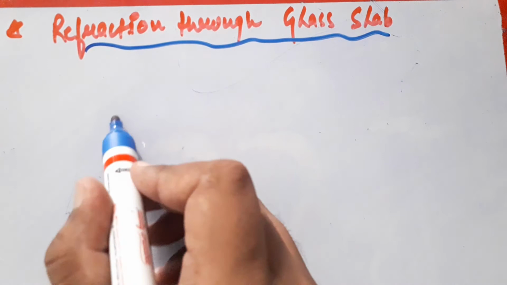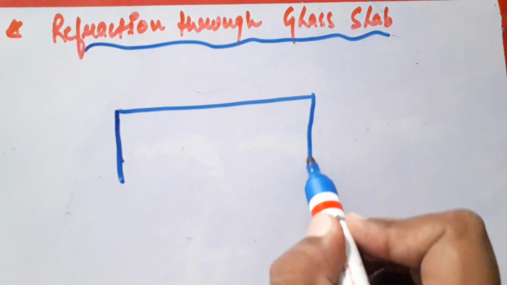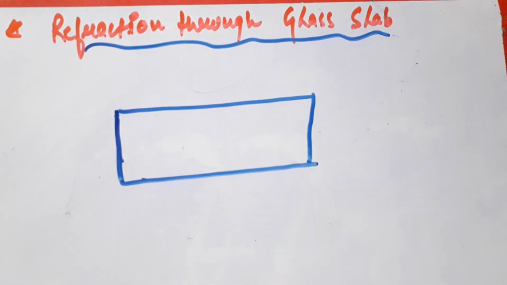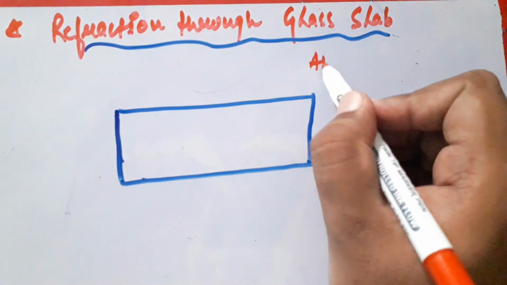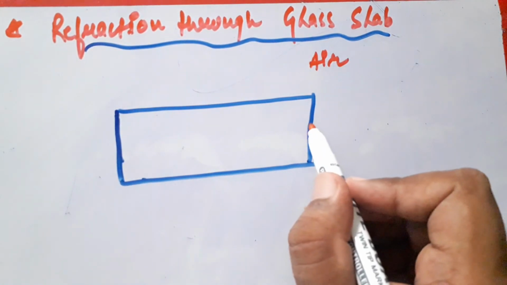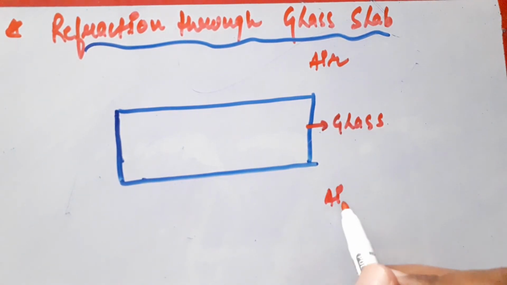So this is how, in the diagram of a glass slab, this is your glass, so this is air, this is one medium, this is glass, and again it is air, right?